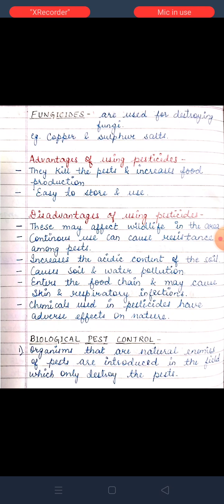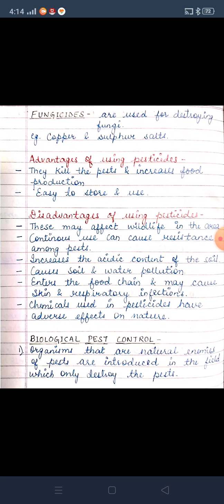Next one is that they enter the food chain and may cause skin and respiratory infections. When the chemicals are applied to the plants and the plants are eaten by animals and humans also, then the chemicals can enter the food chain, and they can cause skin and respiratory infections in us.